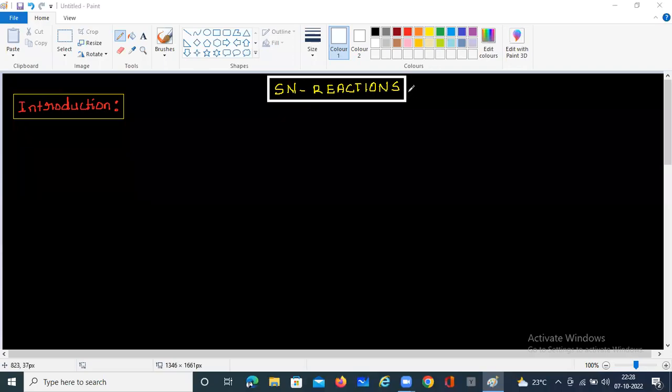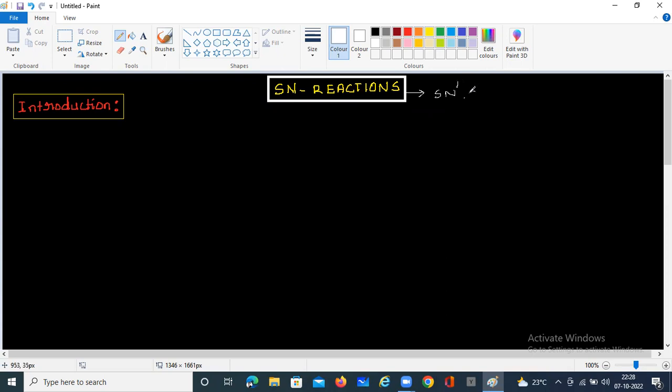So here SN reactions, as I said, contain SN1 and SN2 reactions. So two types are there. SN1 means unimolecular nucleophilic substitution reaction, whereas SN2 means bimolecular, that two molecules will be there, whereas in this type only one molecule is there.